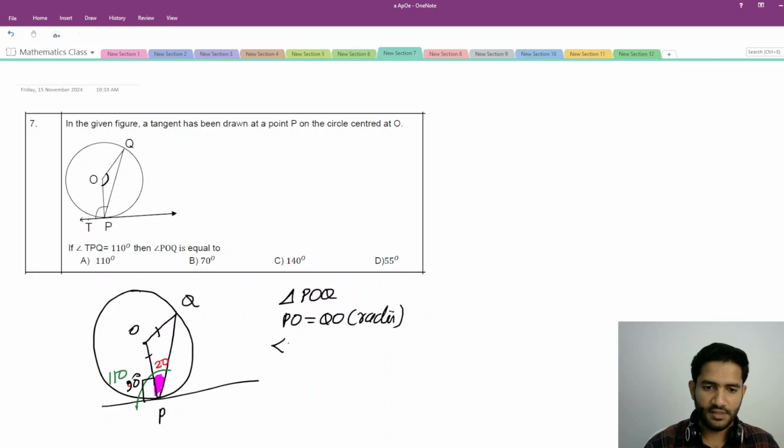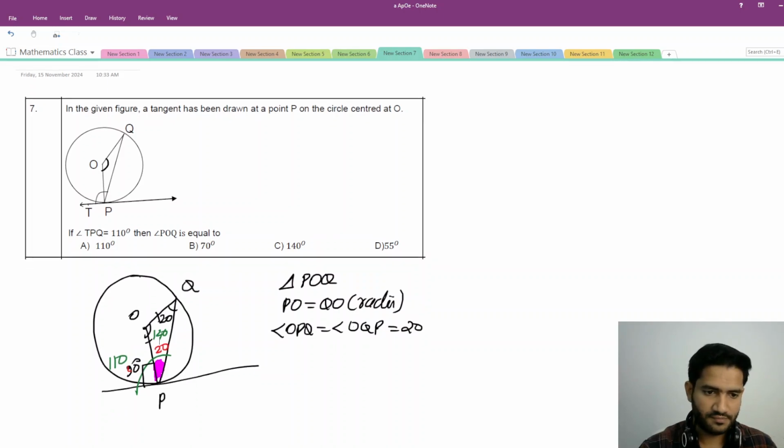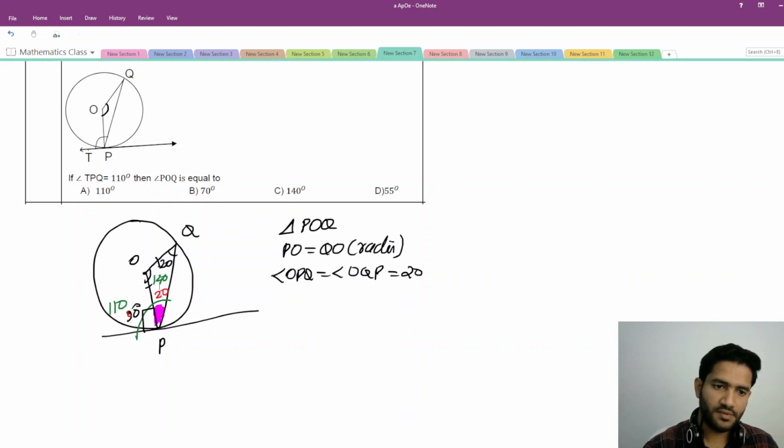That means angle OPQ equals angle OQP equals 20. These two angles are 20, so by angle sum property, 20 plus 20 is 40, and 40 plus 140 is 180. So it is 140. That's one method.